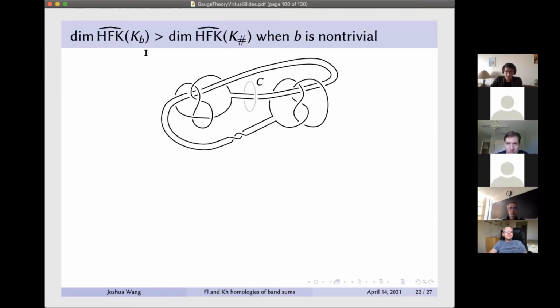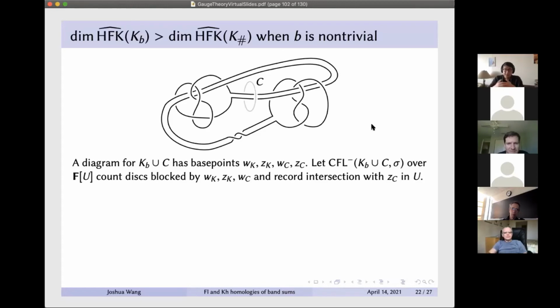So that's the sort of thing I want. And let me tell you which version of link Floer homology I want to use. So first of all, a Heegaard diagram for this two-component link will have 4 base points, 2 corresponding to the knot K_B and 2 corresponding to C. And I want to define a minus version of link Floer homology.